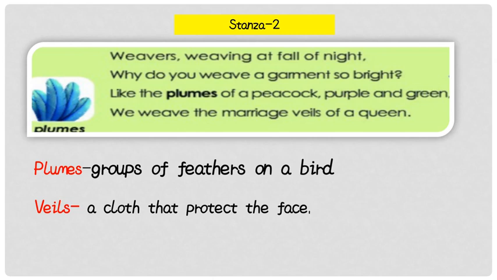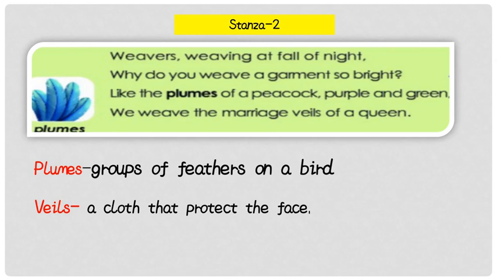I hope you understood what the weaver said. The weaver said we are making these clothes like the plumes of a peacock. What color? Purple and green. For whom? For the queen or the bride.